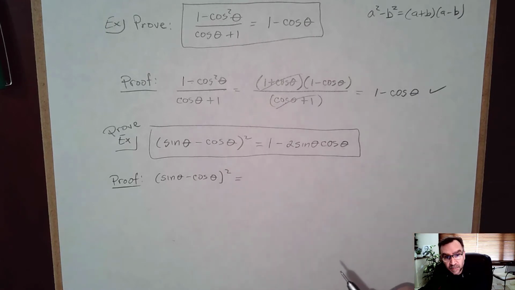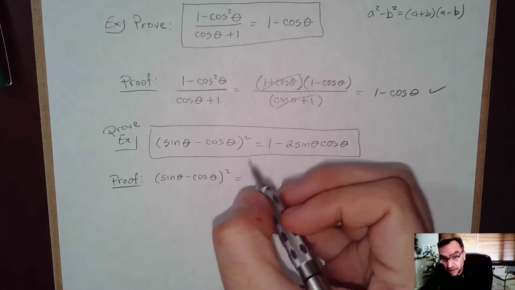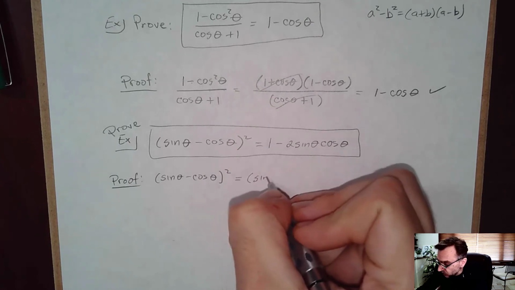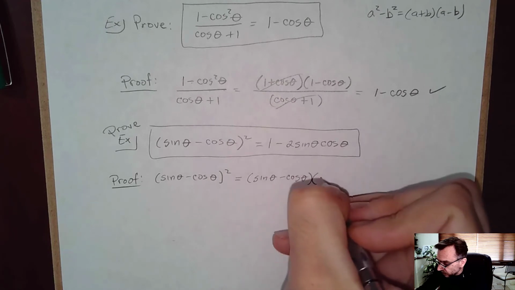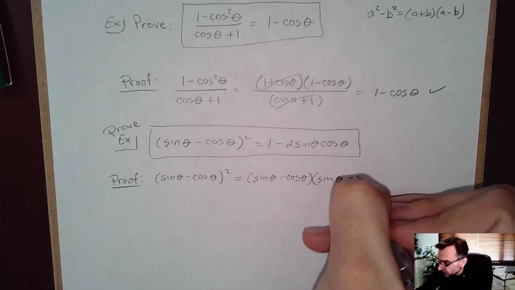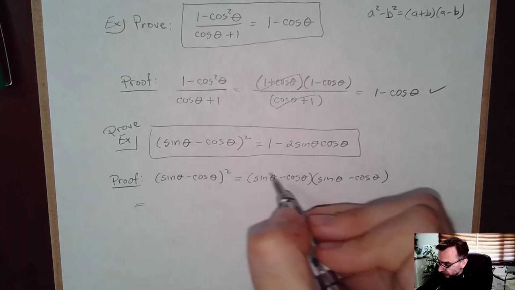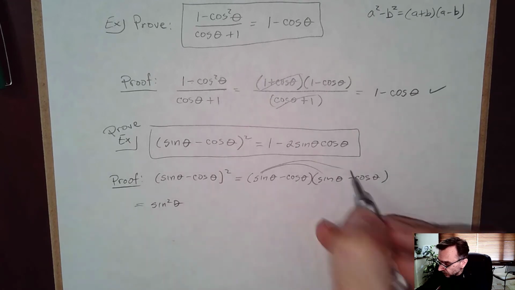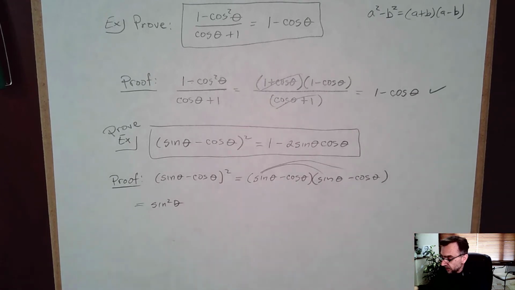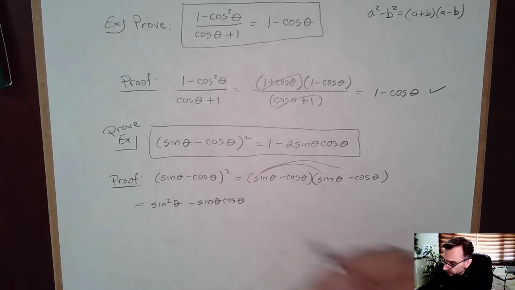That's the plan. And since I'm squaring, I'm just going to go ahead and use algebra and FOIL this out. So what this really means is sine theta minus cosine theta times itself, sine theta minus cosine theta. All right, that's what the square means. And so when I distribute, I'll have sine squared theta, and then minus sine theta cosine theta.